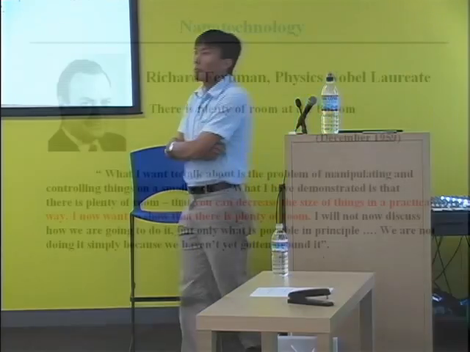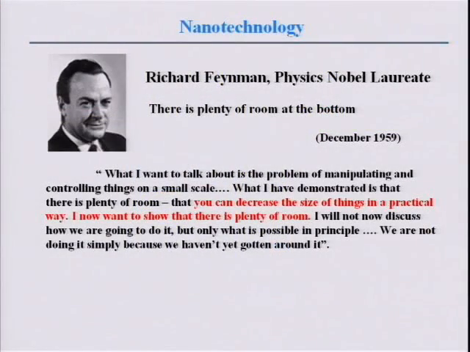So look back at the history of nanotechnology. People working in this field always use a famous encouraging speech as the starting point of nanotechnology. So in 1959, Richard Feynman, a physicist at Caltech, gave this famous speech.